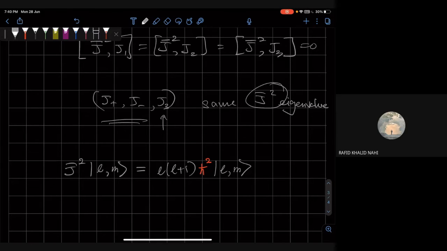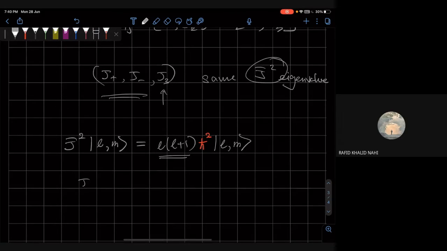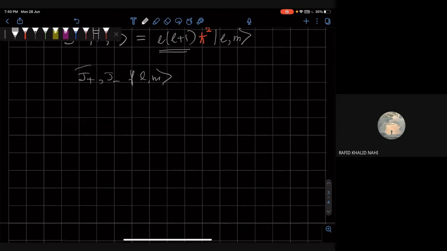So this is the j squared eigenvalue. All the states that we create by applying j plus, j minus on these states will all have the same j squared eigenvalue.